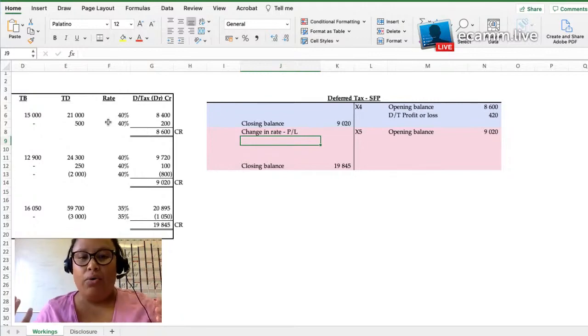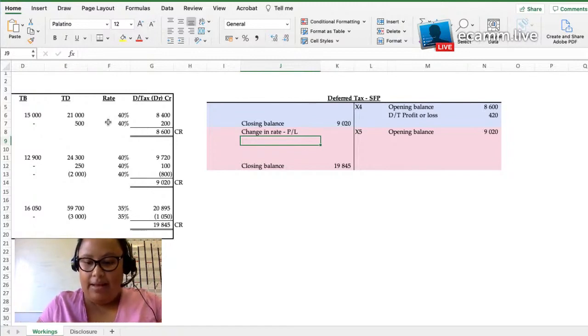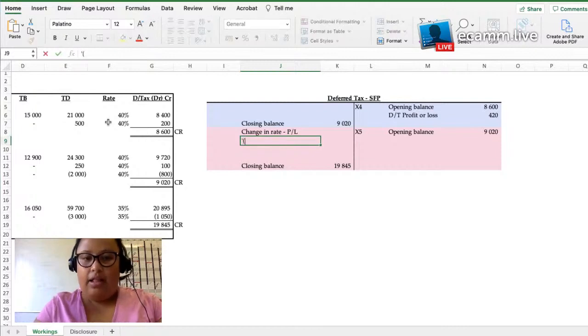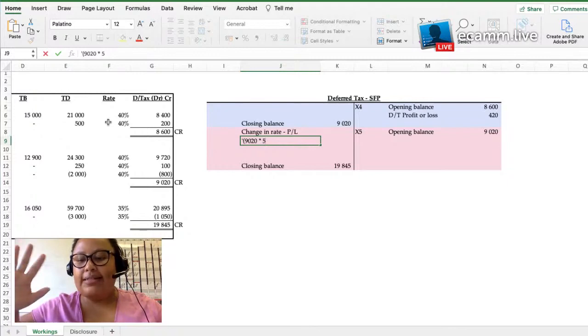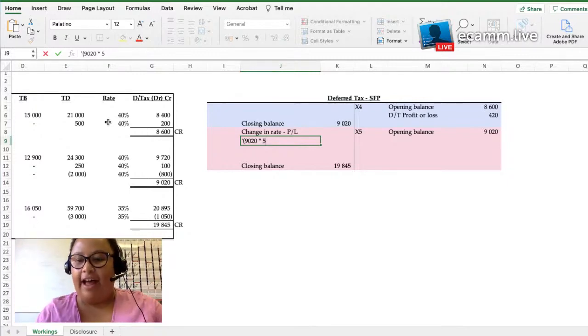So how do I calculate my change in rate? I'm going to start with a little calc over here. My balance is 9020, and I've got to multiply it by something. The first thing is I'm going to multiply it by the difference in the rate, which is 5. How many points did the tax rate change by? It changed by 5, from 40% to 35%.